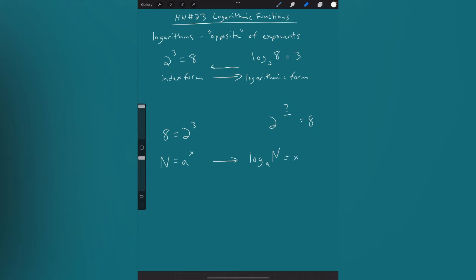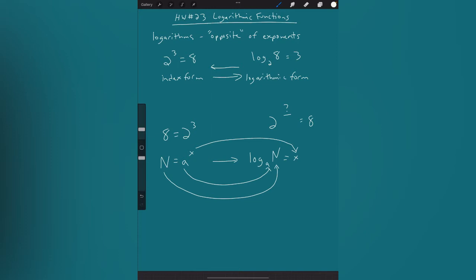Really, the n that started here ends up going right there. The a that started right here ends up going right there. And the x ends up being the answer. So using the same exact variables, the same exact numbers, just moving them around.